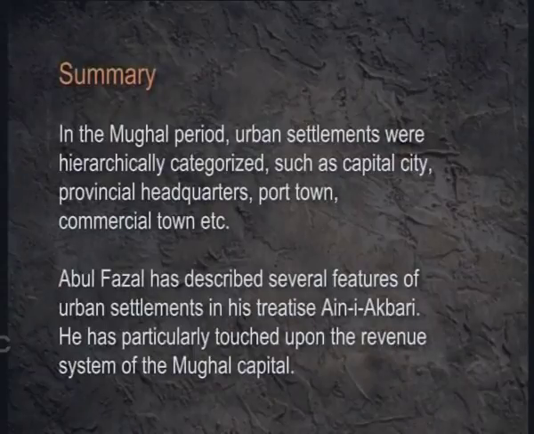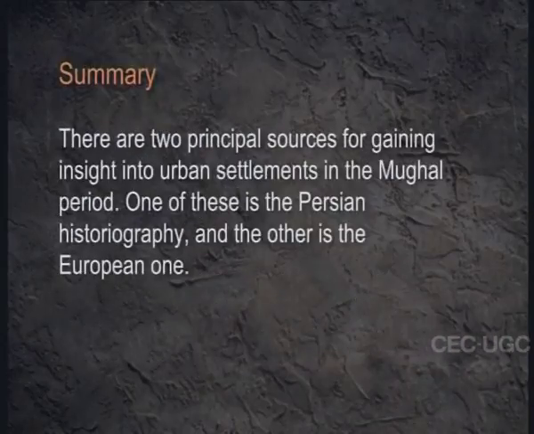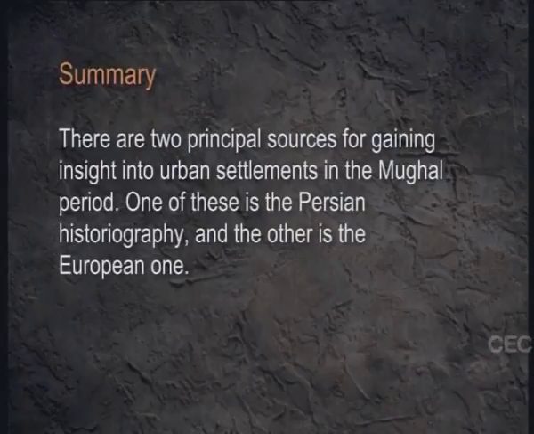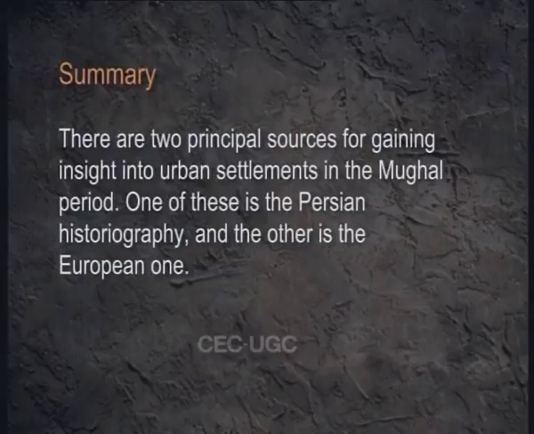He has particularly touched upon the revenue system of the Mughal capital. There are two principal sources for gaining insight into urban settlements in the Mughal period. One of these is the Persian historiography and the other is the European one.